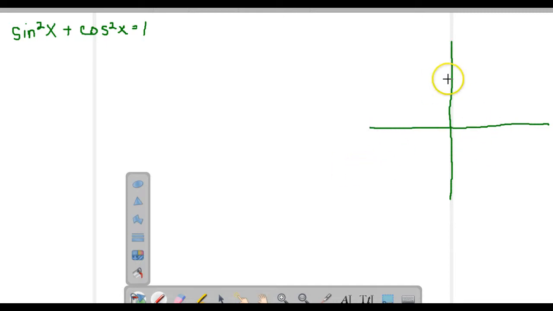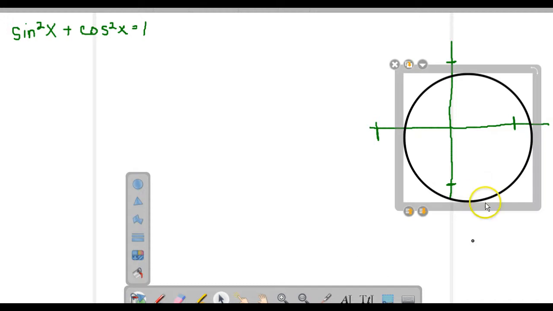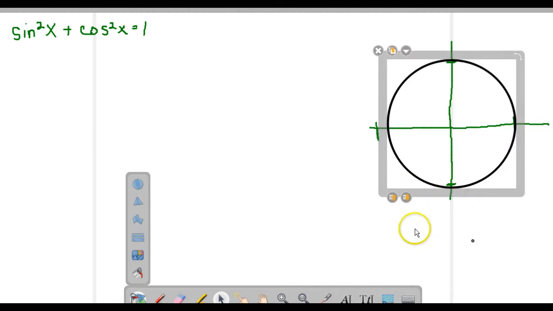Okay, so we're going to pretend like this is the unit circle. I don't know if I could draw a circle on here or not. Should have done that first. Okay. I guess I didn't do too bad.